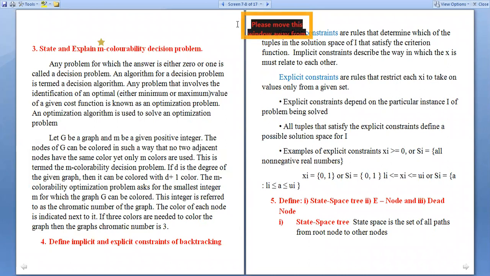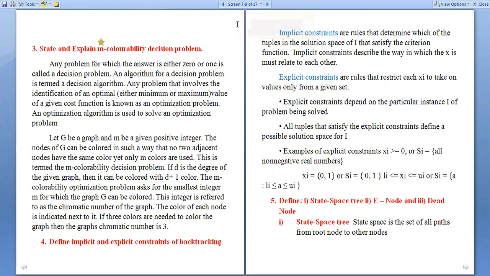If D is the degree of the given graph, we calculate the degree of each vertex, and the vertex with the highest degree gives the degree of the graph.